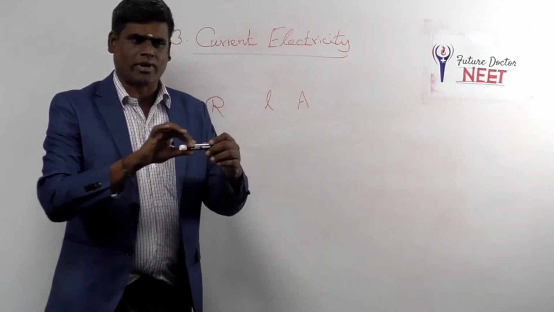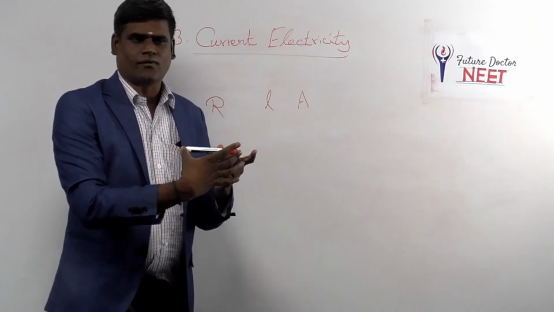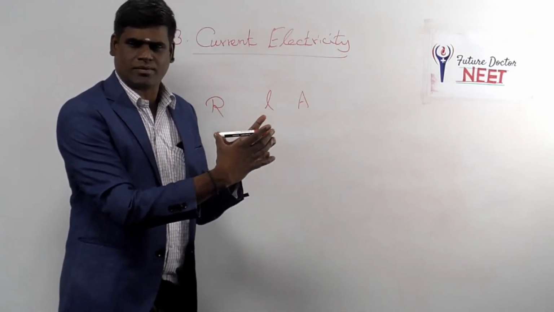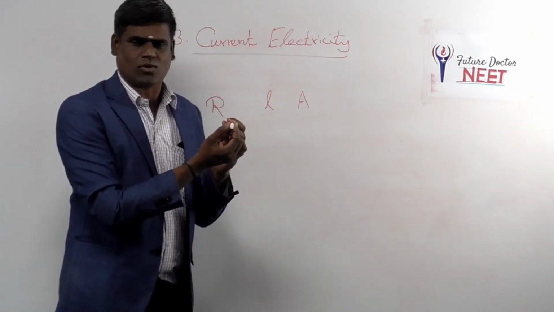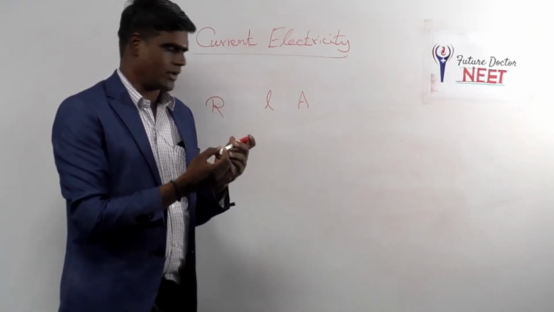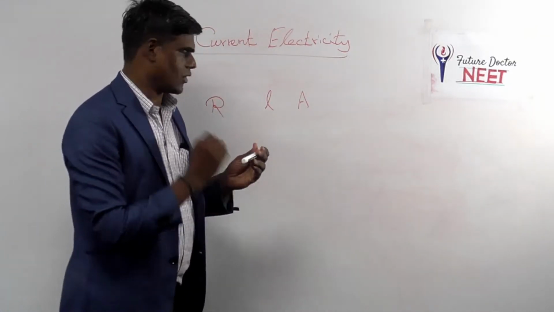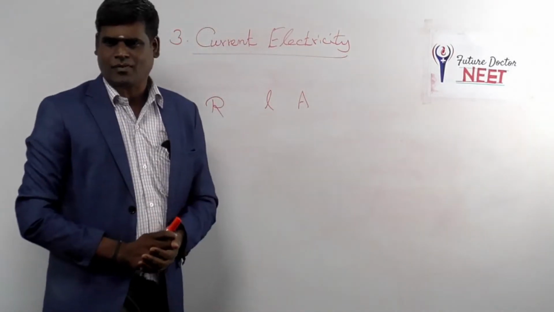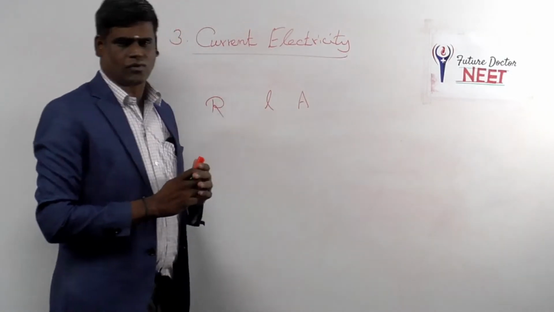Consider a thick wire, and L is the length of the wire, maybe approximately 5 or 7 centimeter, and the thickness may be less than 1 centimeter. The thickness comes under area of cross section. Resistance depends upon these two factors, the length of the material and the area of cross section.